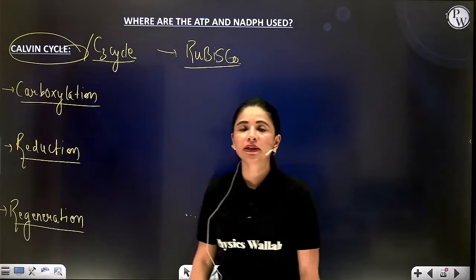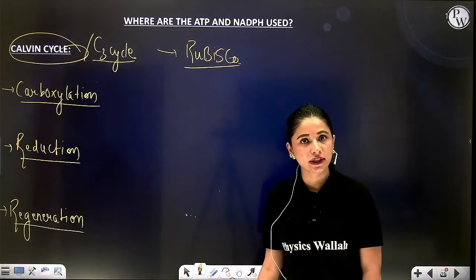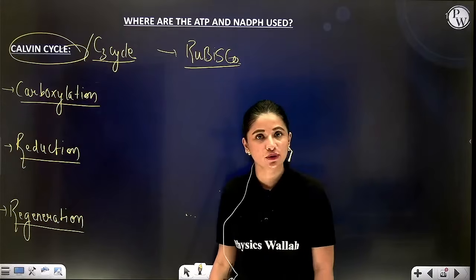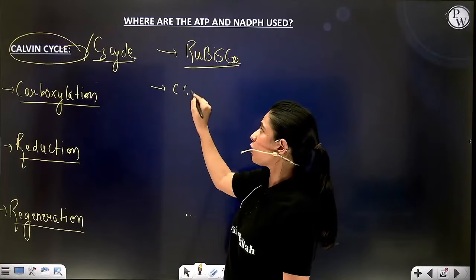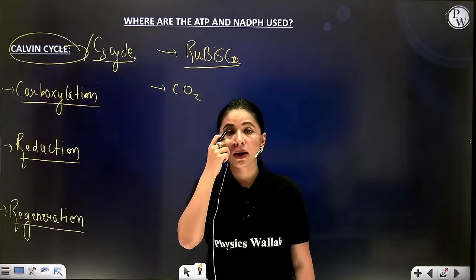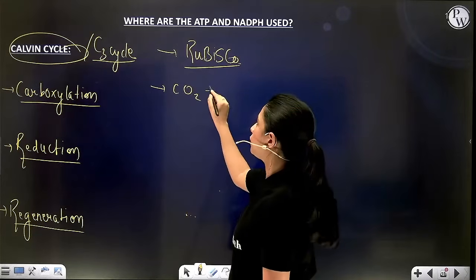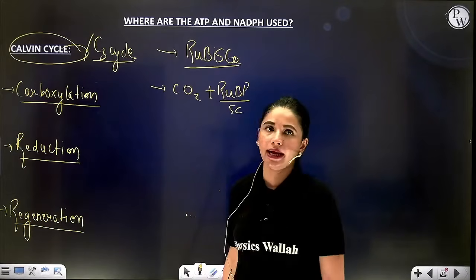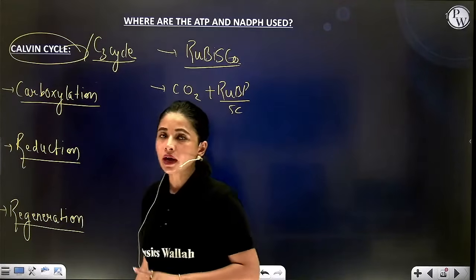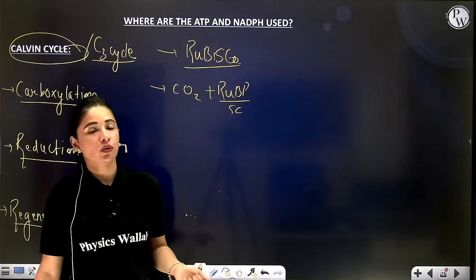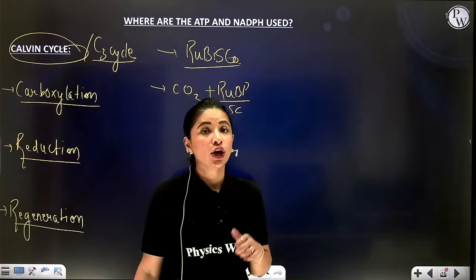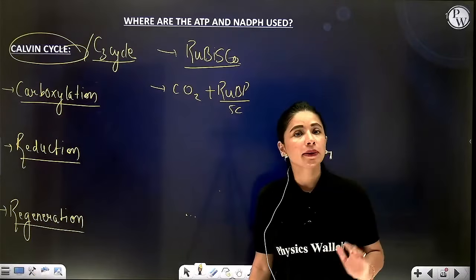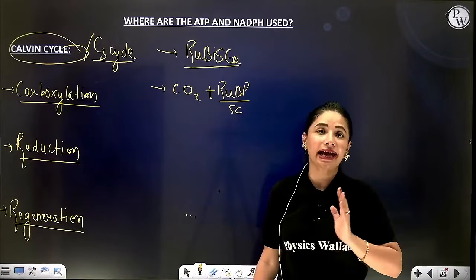This is the most abundant enzyme present in the biosphere. It is very important, required for conversion of CO2 into glucose. The primary acceptor of CO2 in the stroma is a 5-carbon compound, that is RuBP, ribulose bisphosphate. So 5-carbon RuBP combines with 1 carbon dioxide to produce the first stable product, a 3-carbon compound, phosphoglyceric acid.